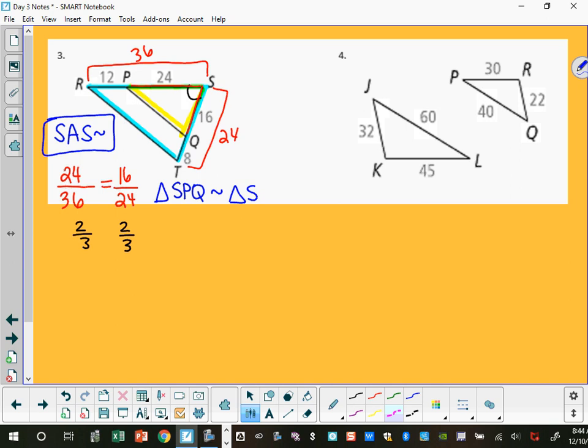Look at the blue triangle. We went from S to P to Q. Oh, that's hard. SRT. So my answer is side, angle, side similarity because, and therefore, triangle SPQ is similar to triangle SRT.